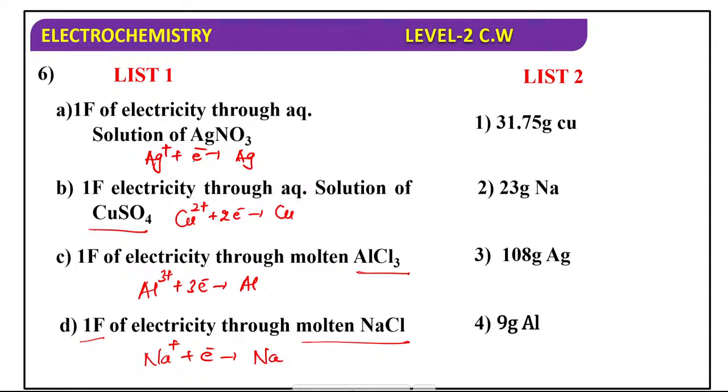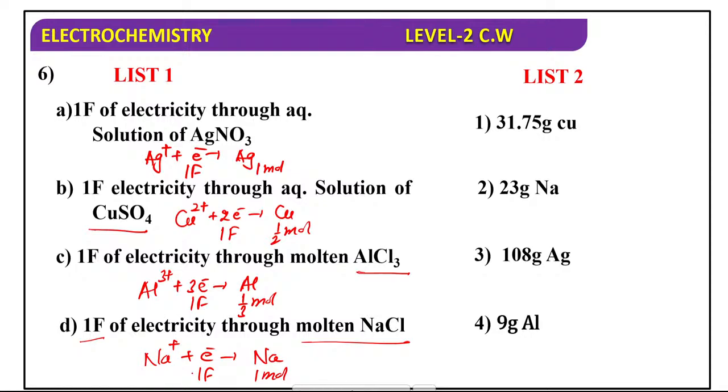So see, 1 Faraday will deposit 1 mole of silver. 1 Faraday will deposit half mole of copper. 1 Faraday will deposit 1/3 mole of aluminium, and 1 Faraday of electricity will deposit 1 mole of sodium.